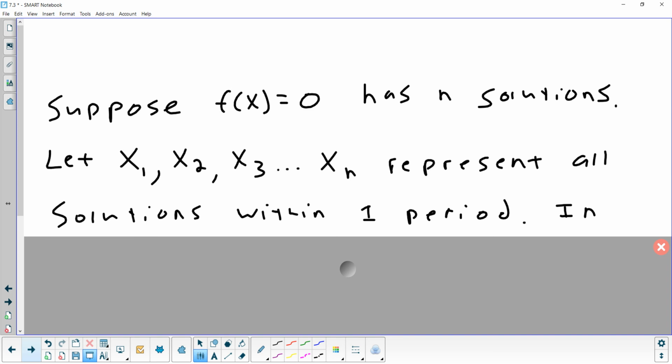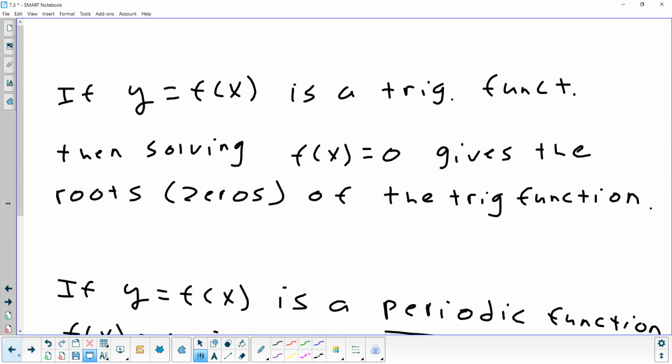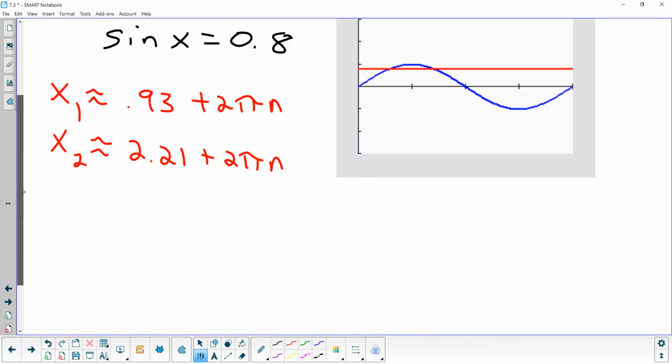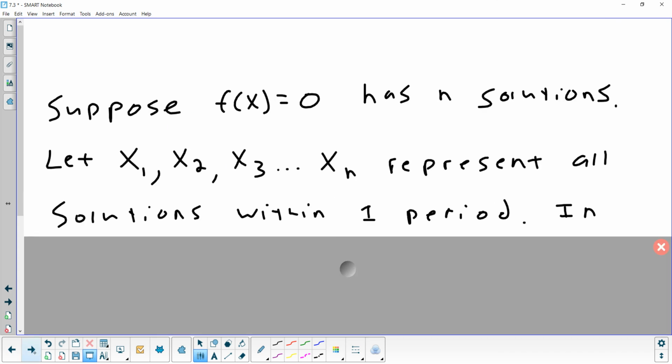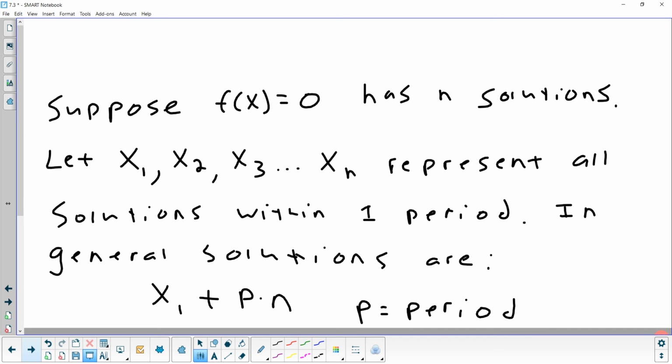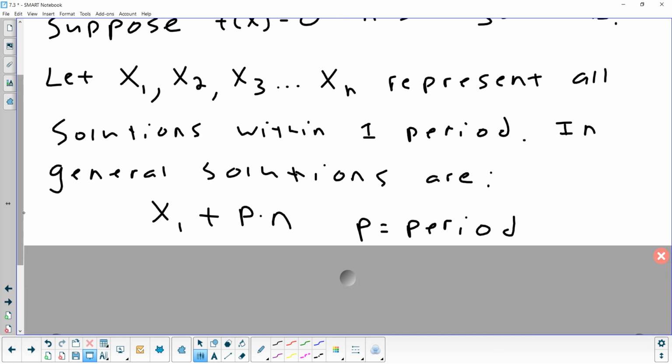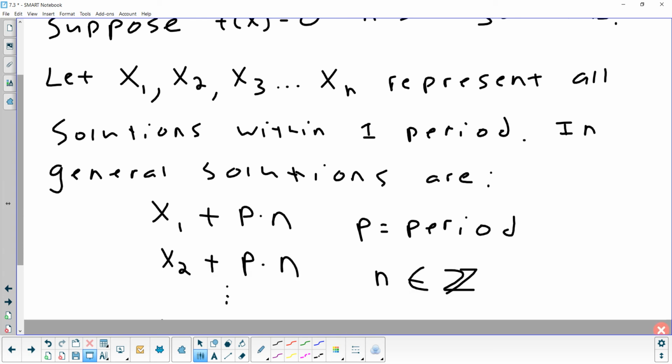So you find x1 and you find x2, just like that. Once you find all the solutions within one period, you represent them in general by putting that solution plus the period times n. Just a reminder that p stands for period and n is an integer. It represents the number of cycles.